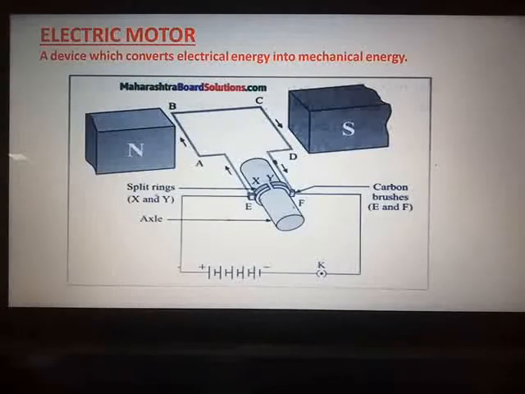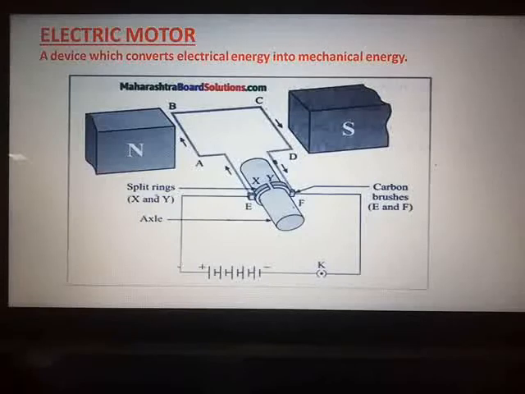Again this force moves the coil in clockwise direction, and thus the armature coil rotates with the help of electrical energy, and the coil of this electric motor continues to rotate in the same direction.